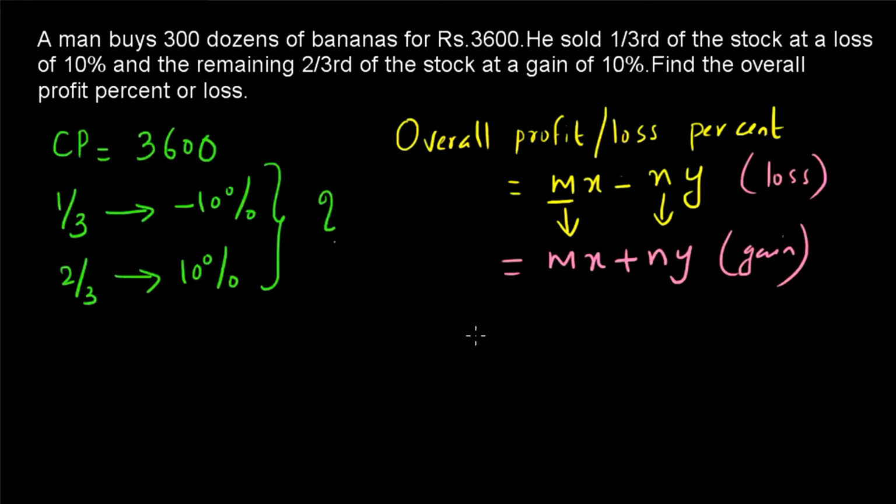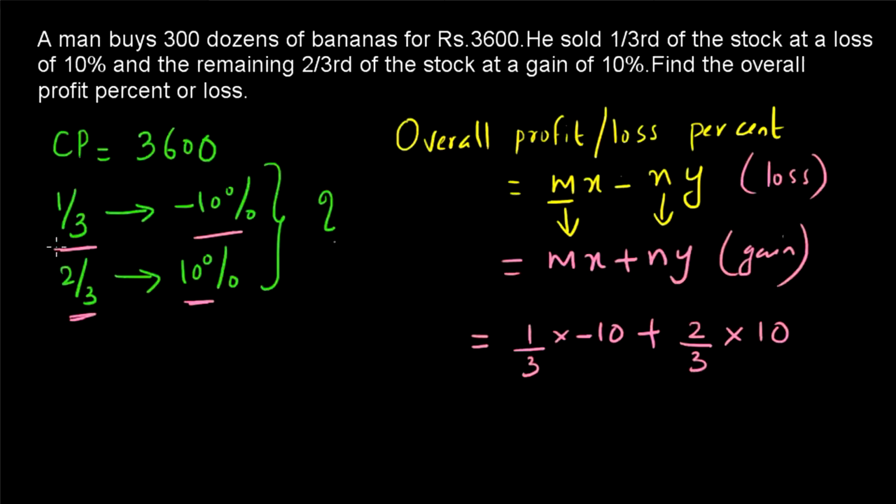So we can just apply the formula here. What is M? M here is 1 by 3. So 1 by 3 is sold at minus 10%, so 1 by 3 into minus 10, plus 2 by 3 is sold at 10% gain, so plus 2 by 3 into 10. It's very simple. What fraction is sold at what percentage? Just multiply.